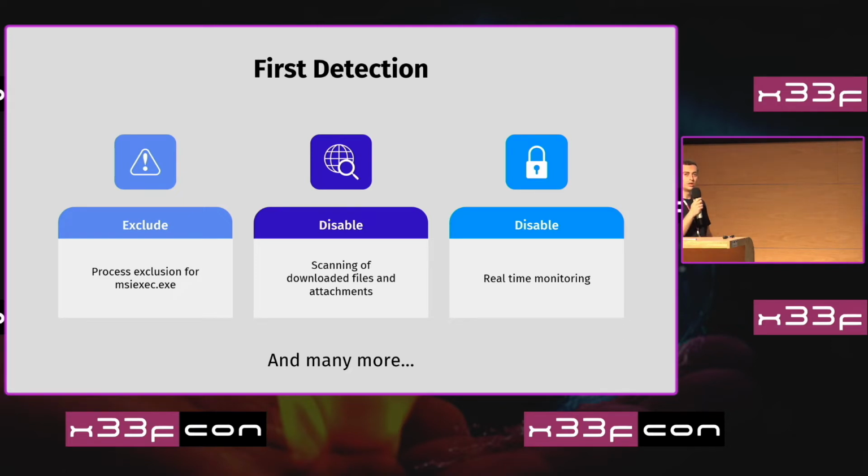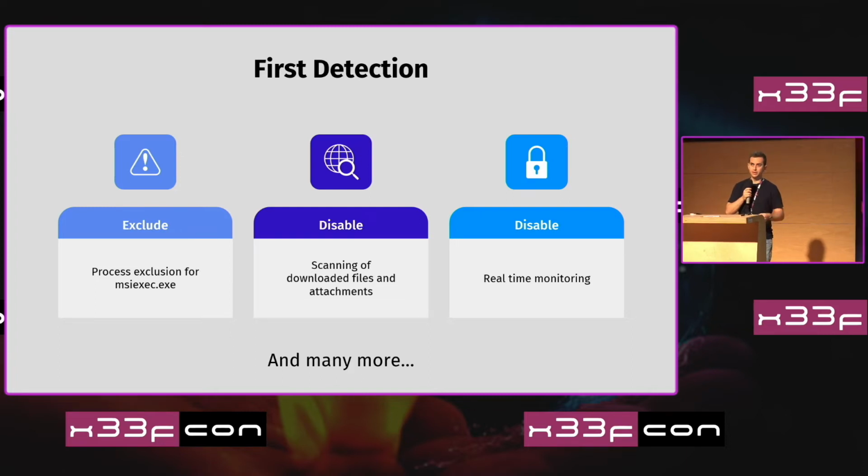If you recall, what the threat actors did is they injected the malicious payload into MSI exec. They disabled the scanning of downloaded files and attachments by Windows Defender. They disabled real-time monitoring and many, many other commands. We'll take a look at them in just a second. But from this first detection, we were able to map out the entire new campaign of Zloader.